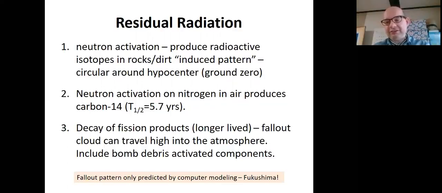The first effect is that this ball moves very fast upward, and so the radiation really can't reach the people down below. Another thing is the blast wave, which is so dramatic it will kill everybody below.